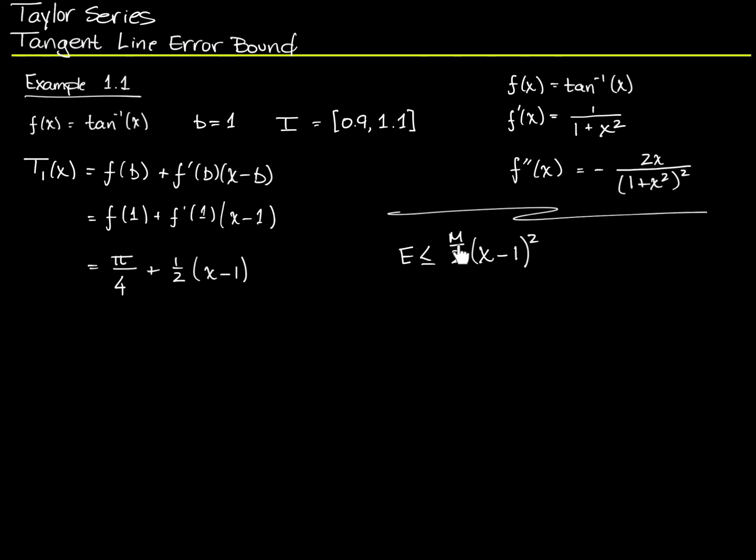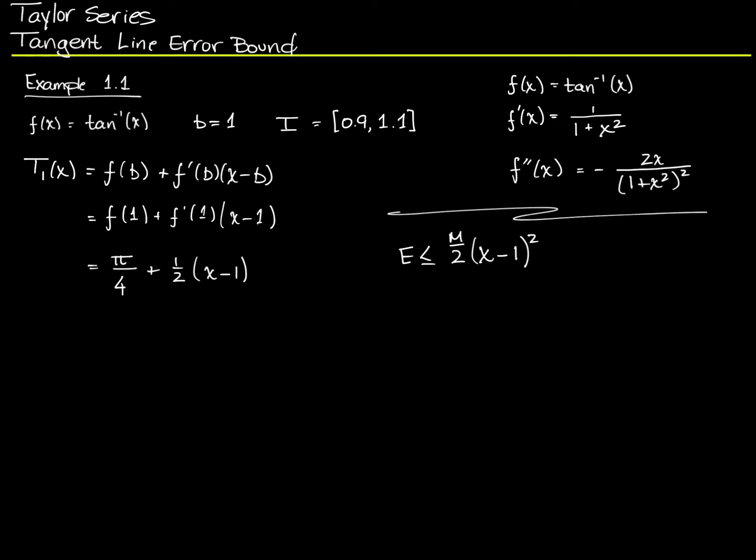Well, m is the largest possible value that f double prime can be. So I want to take a look at this thing right here and see how big it can get. And by big, I mean, what is its magnitude? When I introduced m, I said it was the biggest value the second derivative could be. And by that, I don't mean the highest possible positive y value on a graph, but simply the largest magnitude.